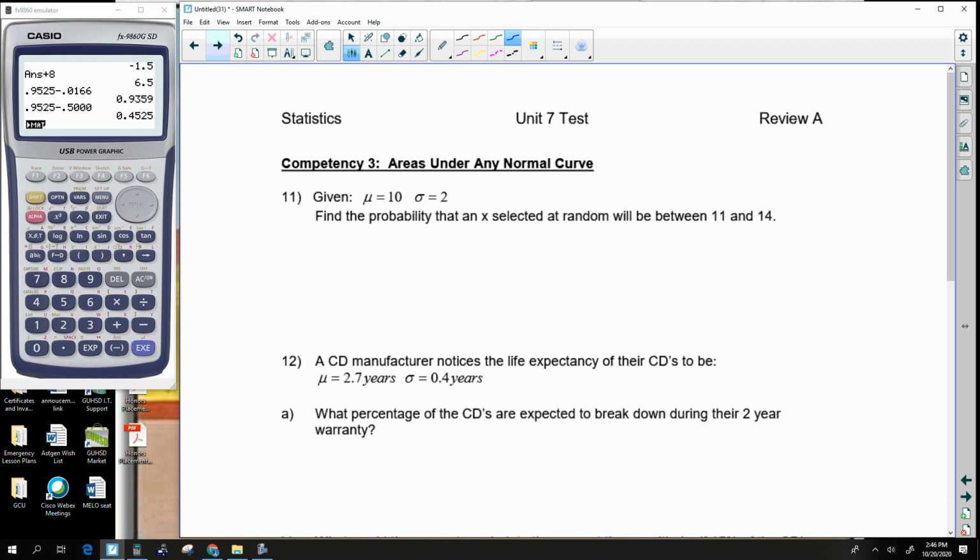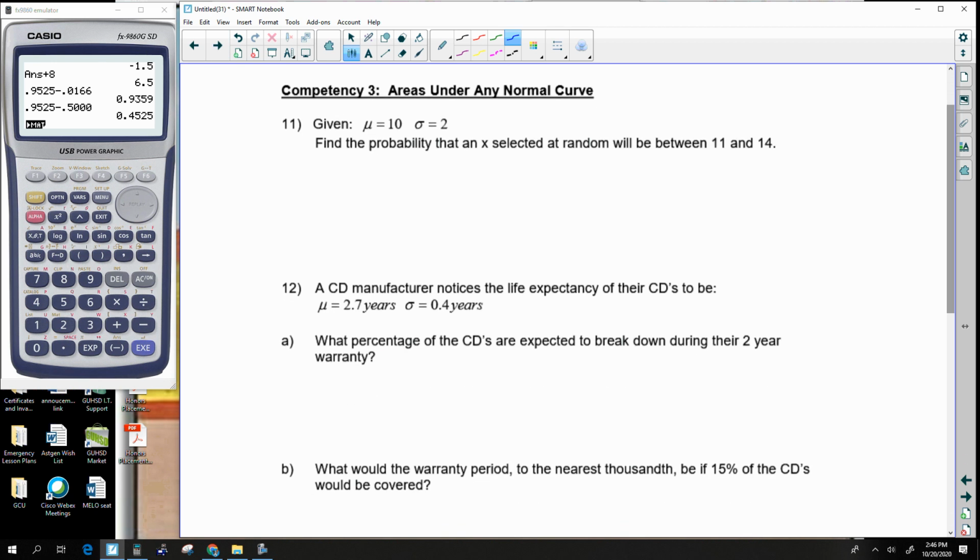All right, the last part of this video is competency 3. And this is just a lot of problems understanding how to use the z-table and understanding the art of moving between an axis and an area and vice versa. Oh, sorry.